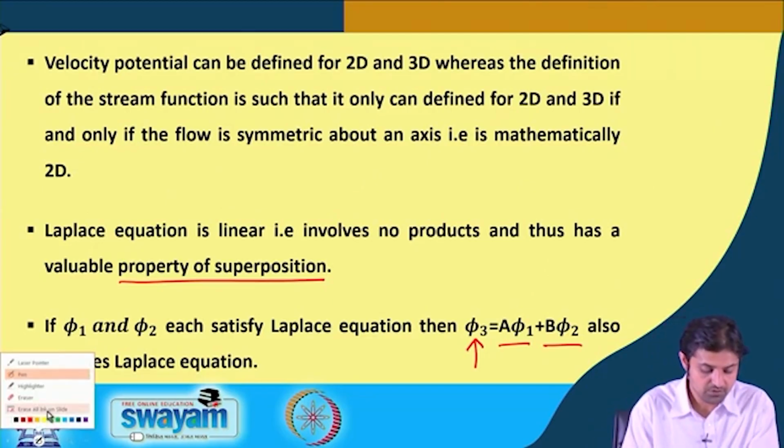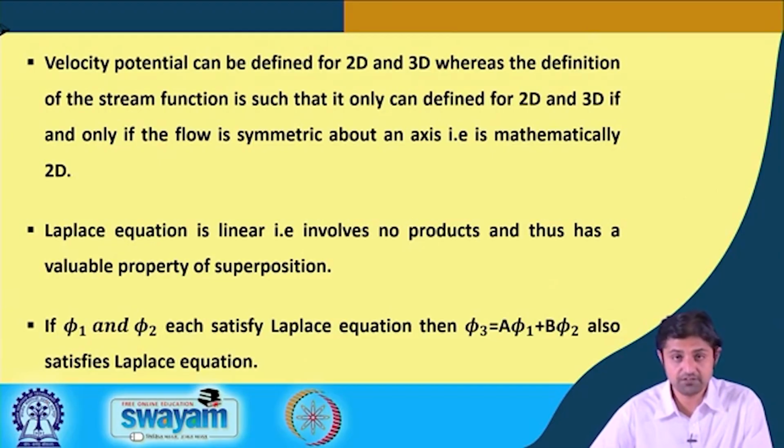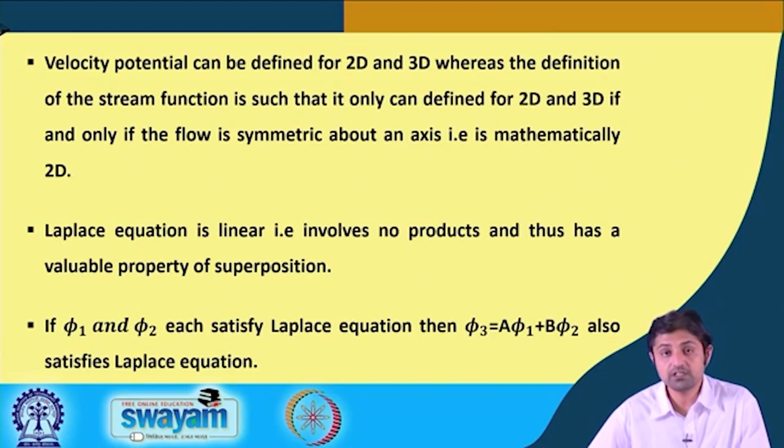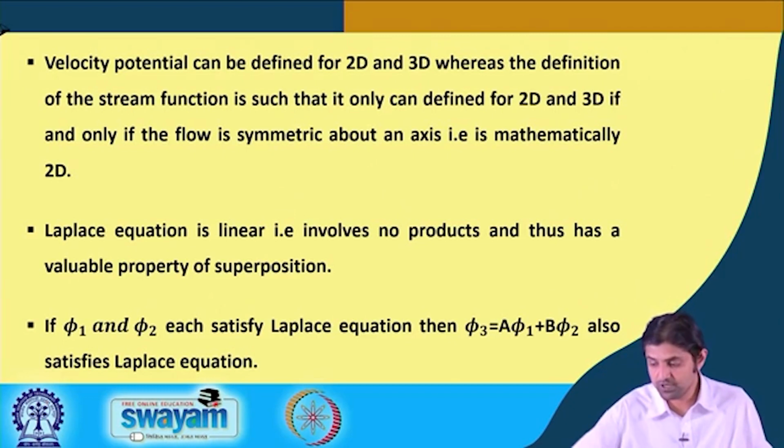Any combination of phi 1 and phi 2 will satisfy the Laplace equation if phi 1 and phi 2 each satisfy it. The reason is that the Laplace equation is linear and does not involve any products, and therefore can be superimposed.